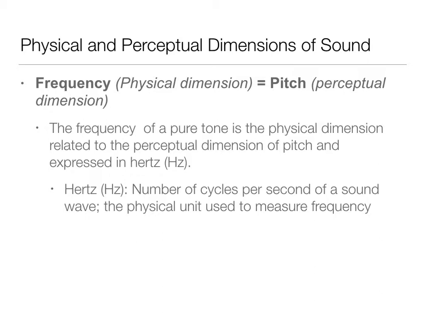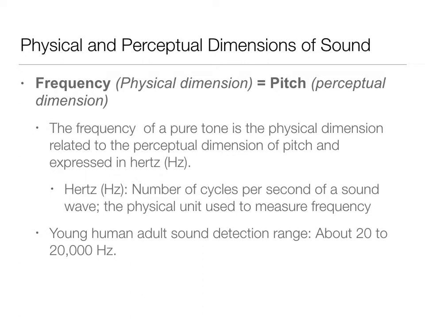So the more cycles per second, the higher pitch it's going to be, and the fewer times it cycles per second, the lower pitch it's going to be. The typical human sound detection range is about 20 hertz, so that's going to be repeating 20 cycles in a second, up to 20,000 hertz, and that's going to repeat 20,000 times a second.